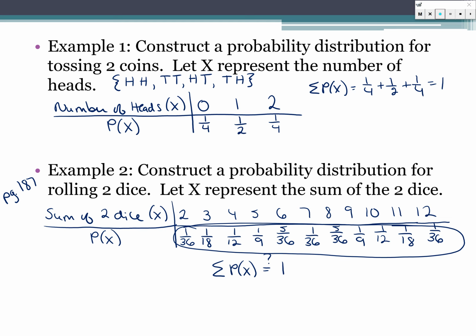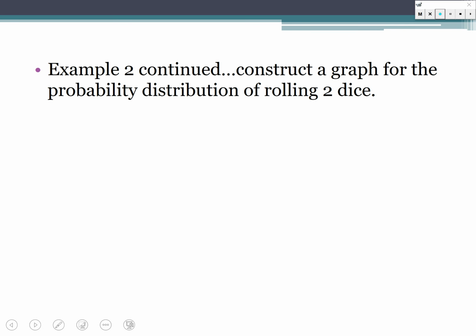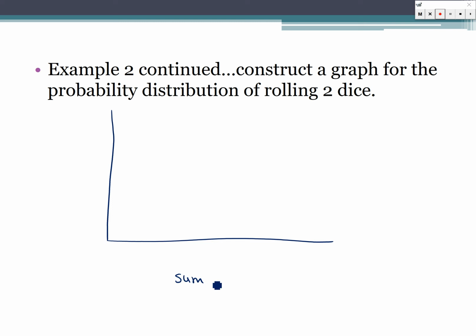So this would be representing graphically our distributions. Now let's talk about how we would construct a graph for that. I'm just sticking with the rolling of 2 dice. Go ahead and draw our axes in. Your possibilities, your x values, sum of 2 dice, those were our x values.